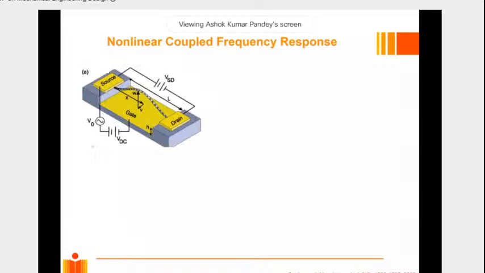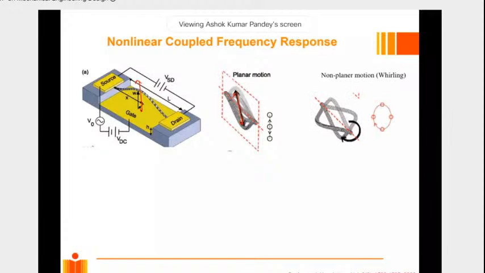As far as the non-linear effects are concerned, you see that when you excite a structure, it will first have the planar mode, which will move like this, right? Then as you keep on increasing the excitation, you will see that the structure will start oscillating also in another mode. Earlier it was moving in this mode, it will start oscillating in this, and it will produce some whirling kind of motion. Okay, so that is a non-linear mode.